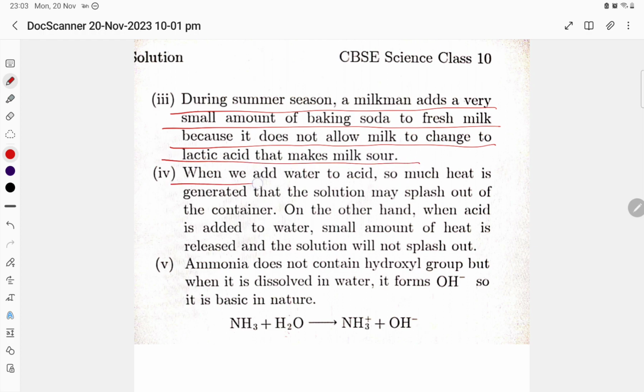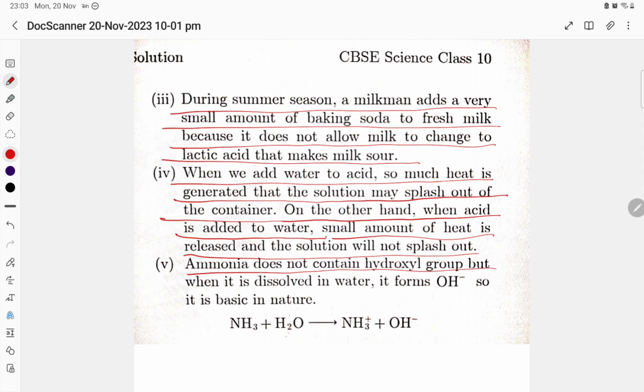When we add water to acid, so much heat is generated that the solution may splash out of the container. On the other hand, when acid is added to water, a small amount of heat is released and the solution will not splash out. Ammonia does not contain a hydroxyl group. When it is dissolved in water, it forms OH.